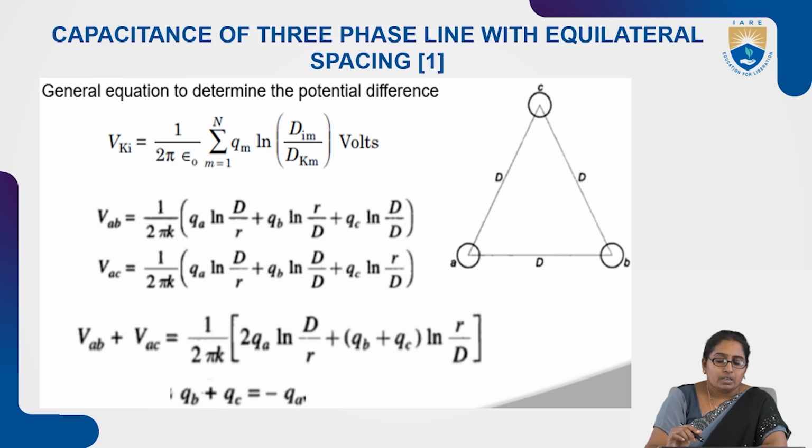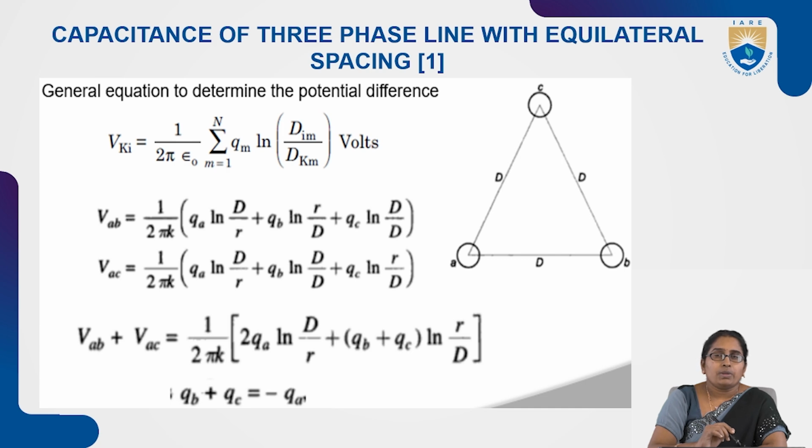In my last lecture we have seen how it is started for a single phase transmission line. We first write the potential difference between any two conductors, because it is a three-phase line.